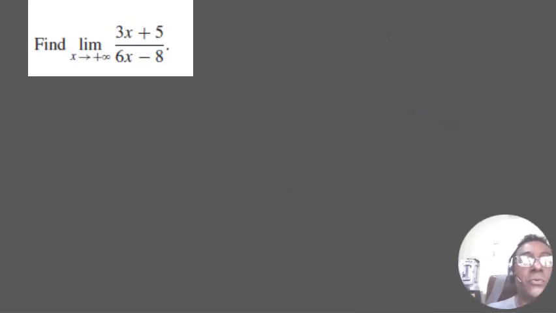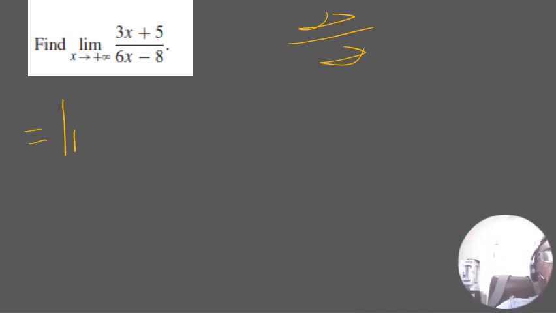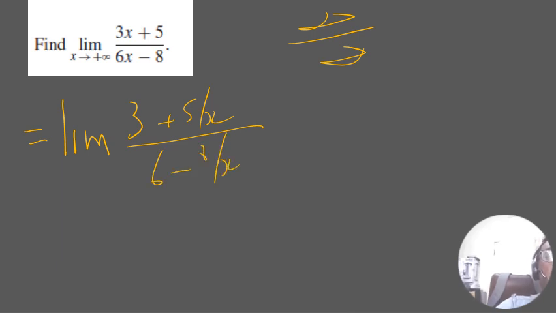A similar situation here: 3x plus 5 over 6x minus 8. It has the form infinity over infinity, which is not 1, by the way. So we could write this as the limit, and now if I divide, I get 3 plus 5 over x in the numerator, please check, and 6 minus 8 over x in the denominator, as x tends to infinity.